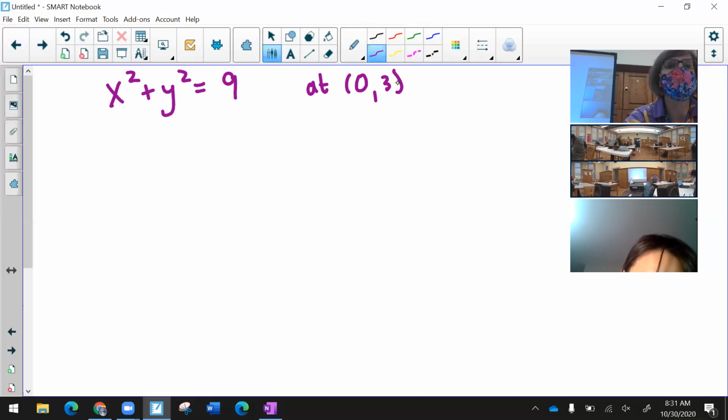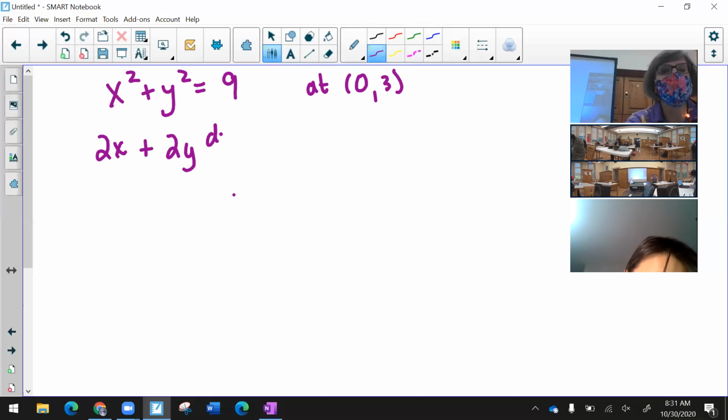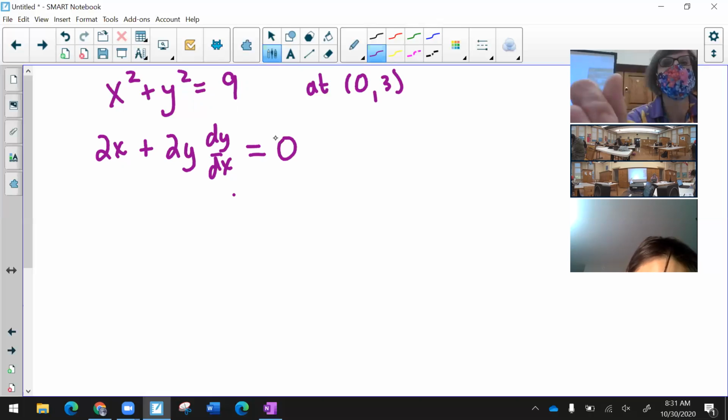So Annabelle, what's the derivative of x squared? Good. Katie, what's the derivative of y squared? Excellent. Sophie, what's the derivative of 9? There we go. So I can factor out my 2 and cancel it, right?